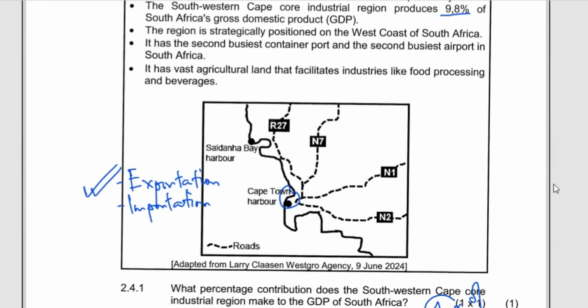Then if we try to check our roads, we have the N1 automatically and N2. These are national roads. We have N7. These are important because they link to the market. And by the market here, we are looking at the domestic market and also the regional market.